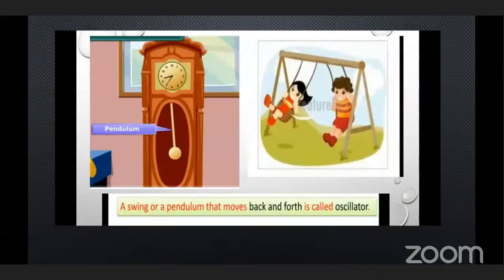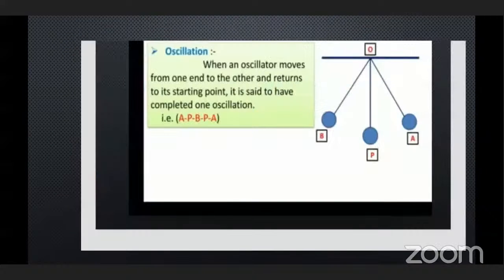Next point, we studied the oscillator. You can see here a swing or a pendulum that moves back and forth is called an oscillator. Next, we studied oscillation.